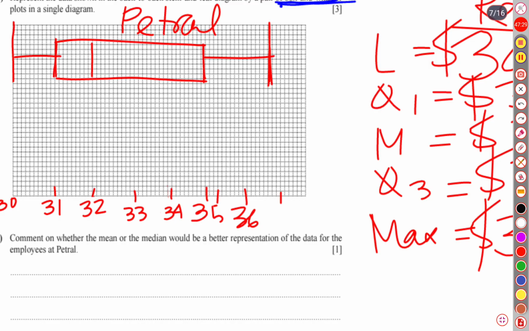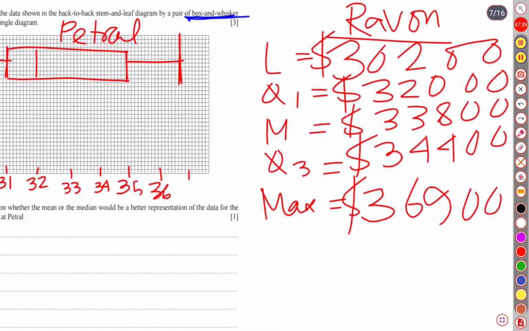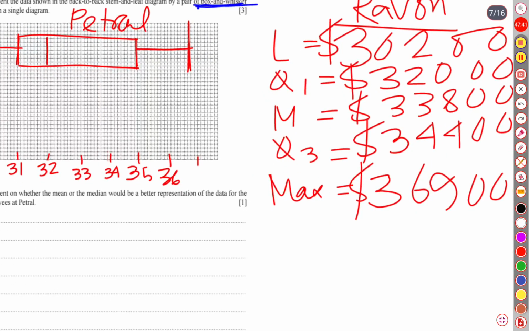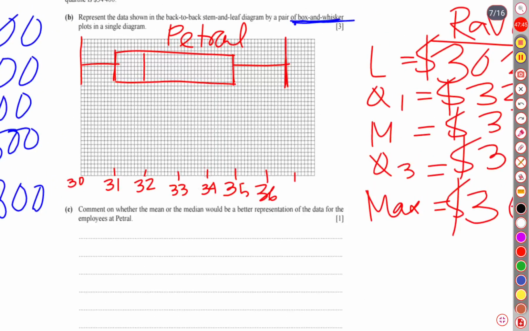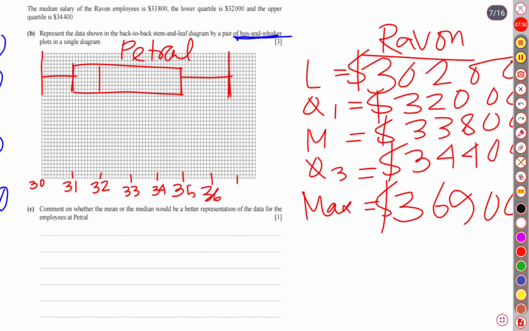Let me erase this unnecessary mark. Okay. Then for Raven, the lowest salary is 302, that is 30.2. It is going to be just 30.2.